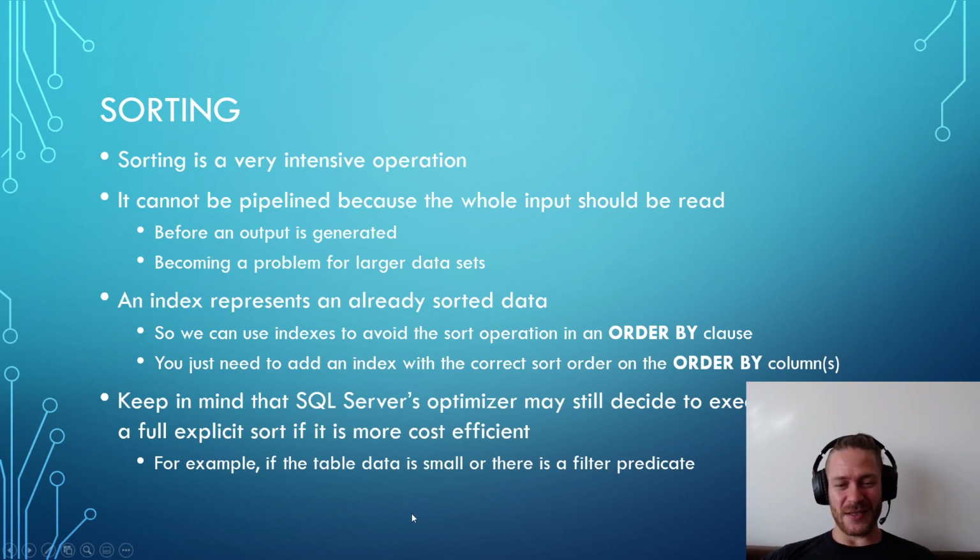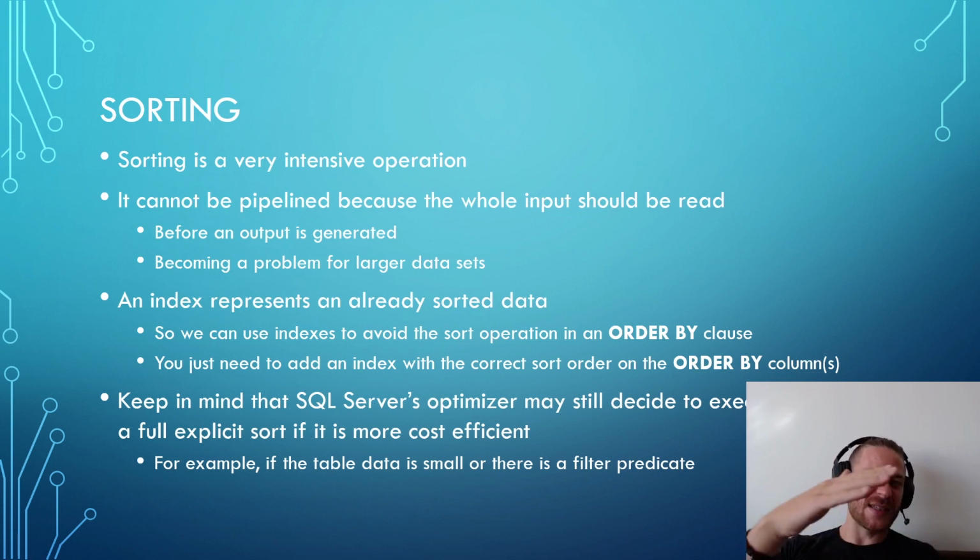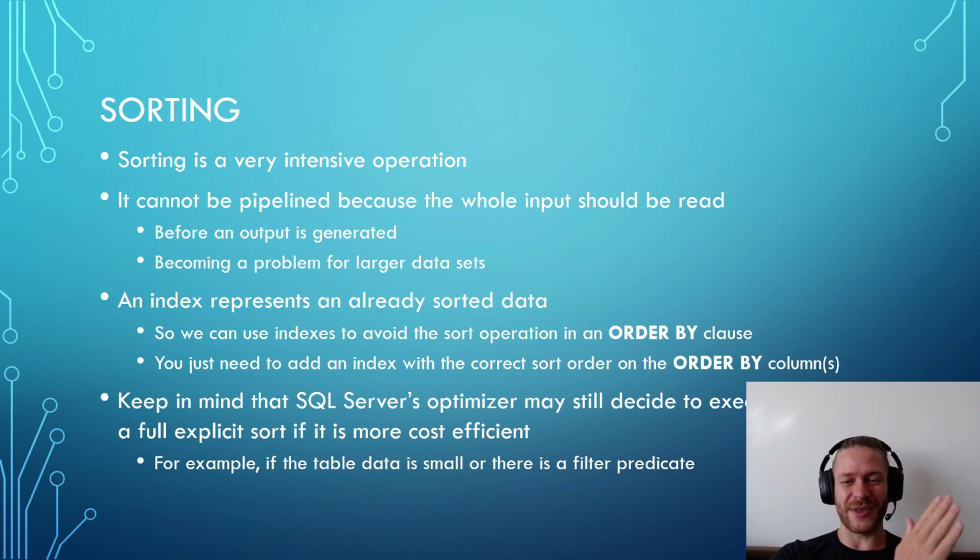So if the data is super small or there's a filter predicate, SQL Server may decide that, okay, I'm just going to execute the filter on the index and then I'm going to execute the sort, because after the filtering the dataset is not that big and it's completely okay to do an explicit sort rather than reading the index from the hard drive. So it depends, but having already sorted data for your order by clauses is a good idea.